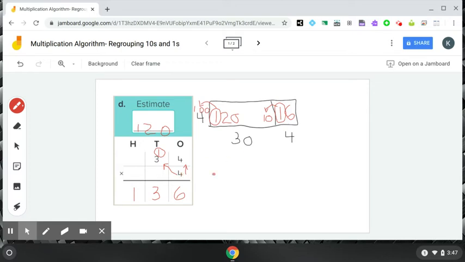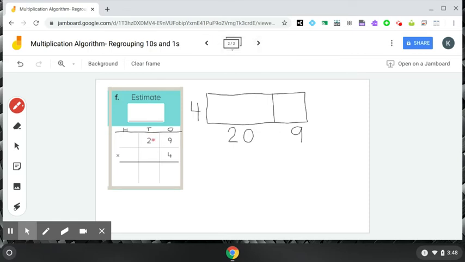If we have a 2-digit number, we need to carry that 10 over to the tens place. And then we multiply our ones times our tens place. And if we get a number that's greater than 100, we need to carry that over here. So you can see now that our product of 34 times 4 is 136. We estimated 120. That sounds right because we did estimate 30. So we made this lower, so I could see why that estimate is lower. Let's move on to our next example.